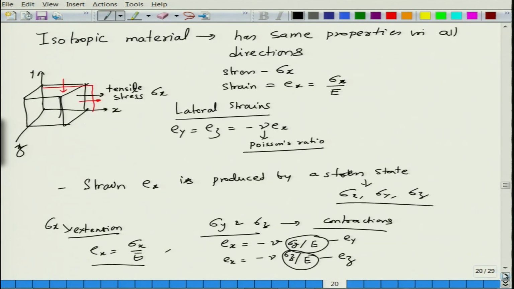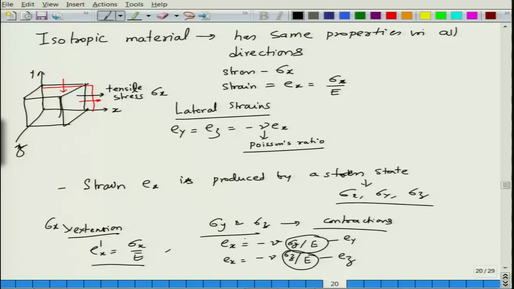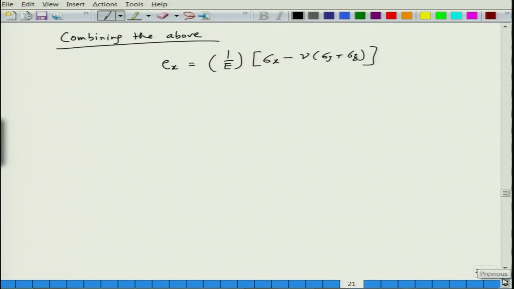So, let us say this is the extension, and this is the contraction. The net deformation or strain will be equal to, we can say this is 1, this is 2, this is 3. Basically, we are saying that Ex is equal to Ex1 plus Ex2 plus Ex3, and when you sum these together, this is what you get.